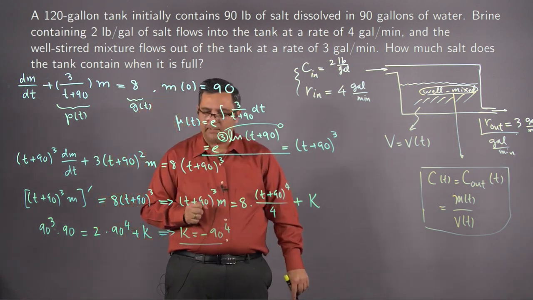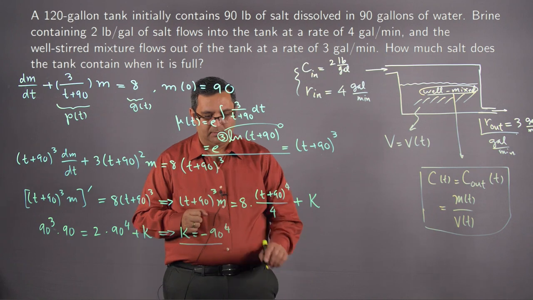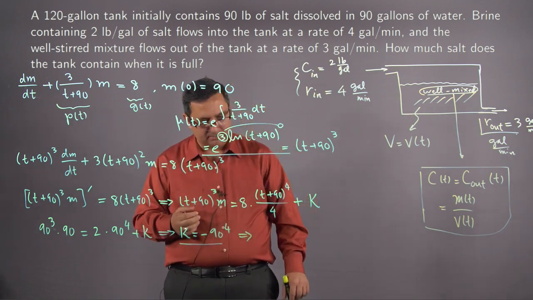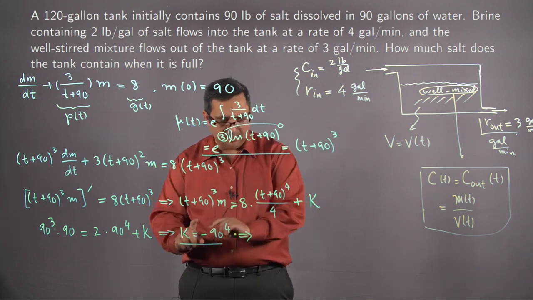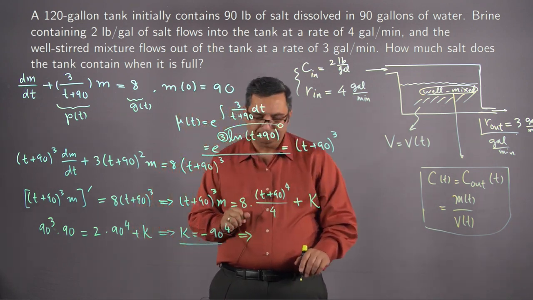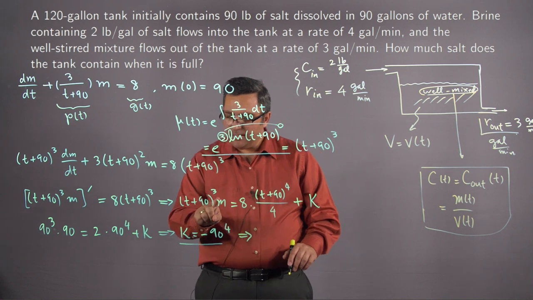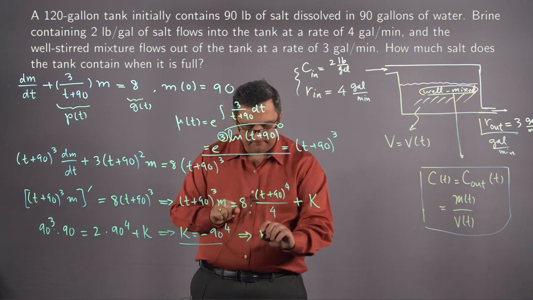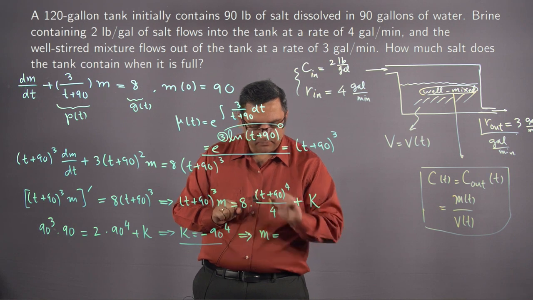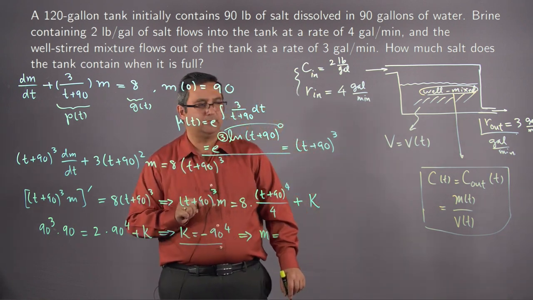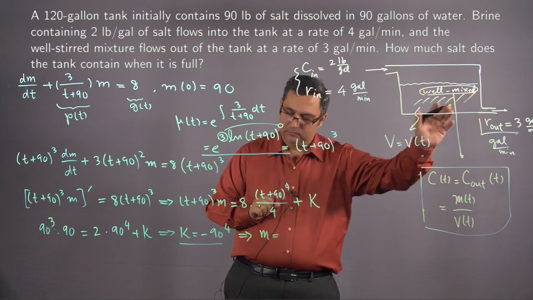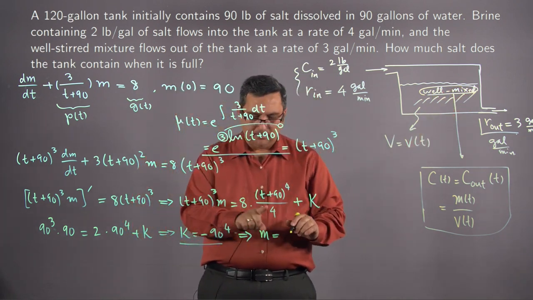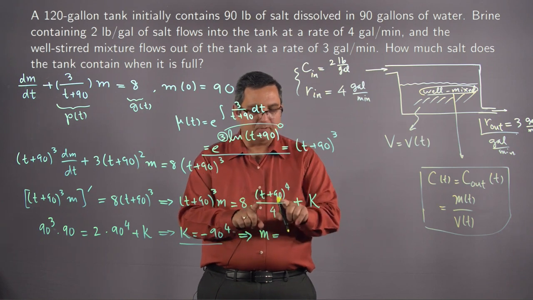So now combining everything, what this means is the salt mass satisfies this equation where k is minus 90 to the 4th. So let's divide by t plus 90 to the 3rd to find m. So the instantaneous salt mass in the tank is going to be 2 times t plus 90 to the 4.